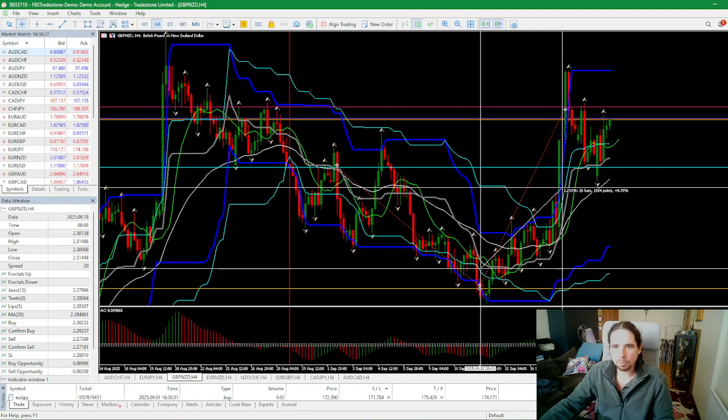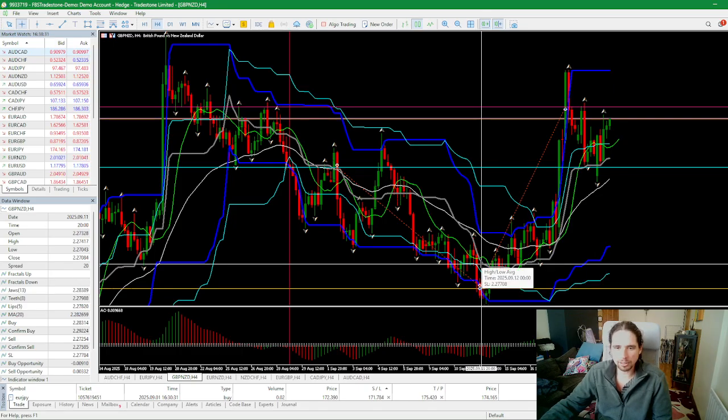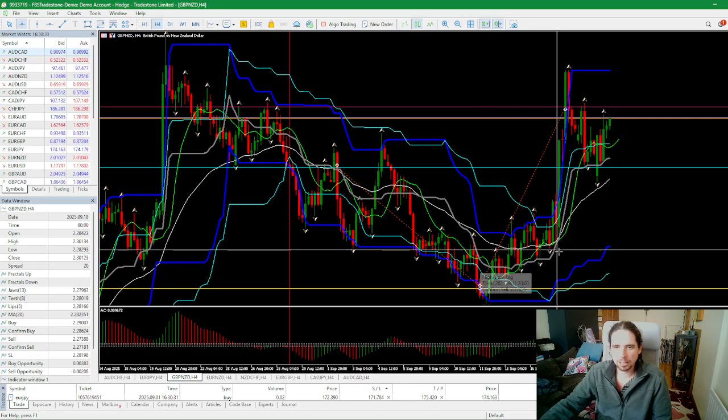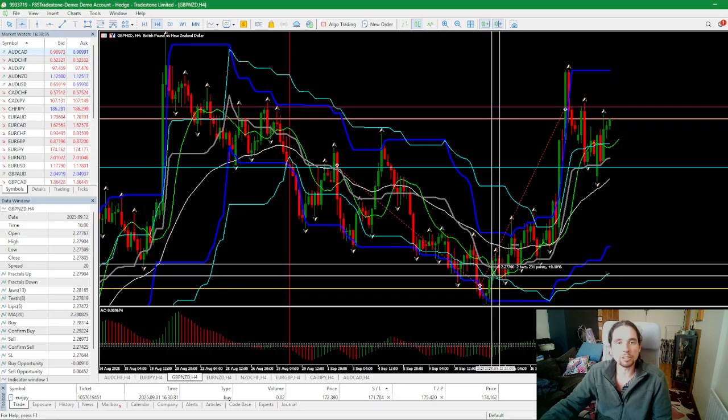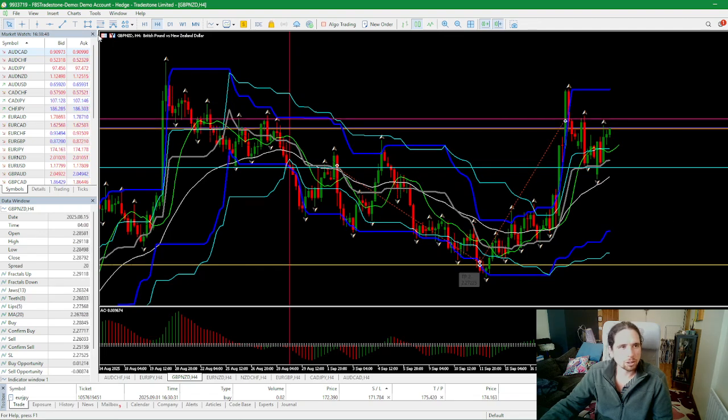Between that point and that point, it was probably one of my busier times on holiday. So I did manage to take that out, but then I didn't actually notice how it reversed. And it reversed quite quickly. One thing I did notice is there's quite a good reversal indicator here.